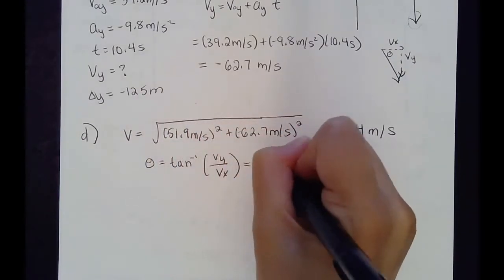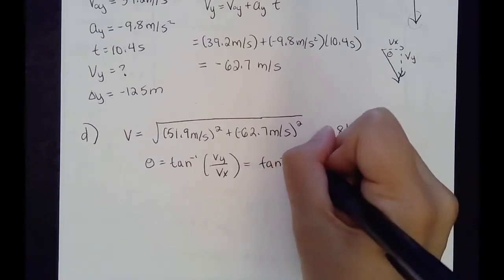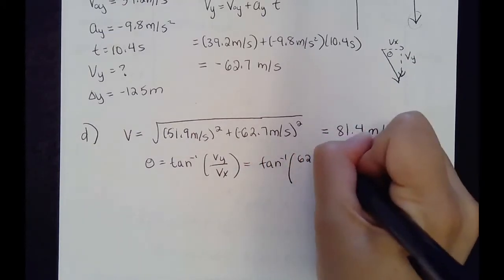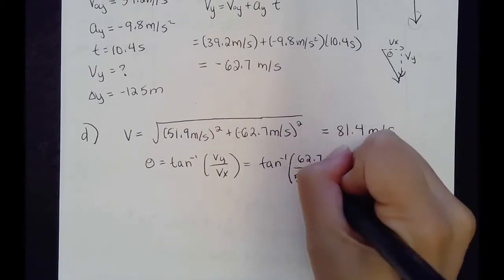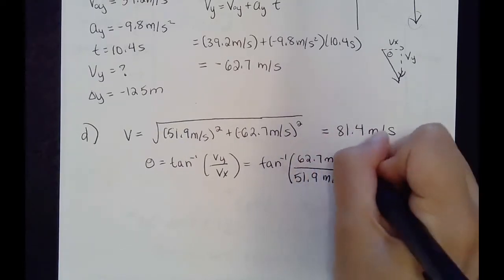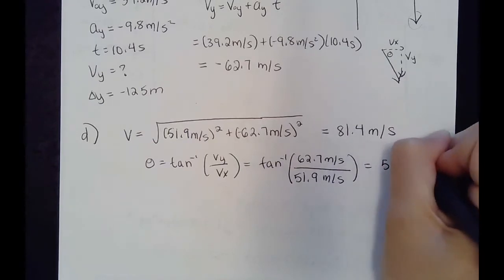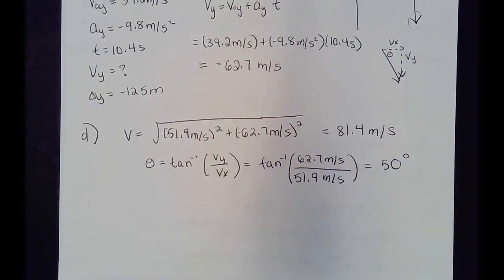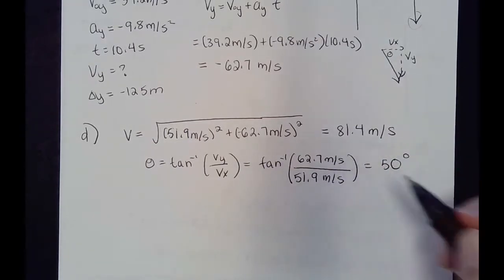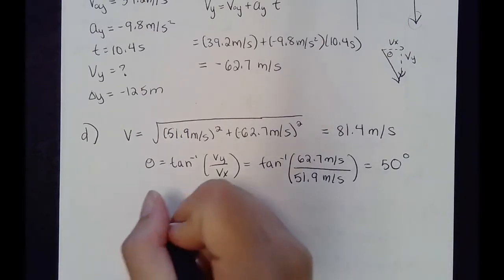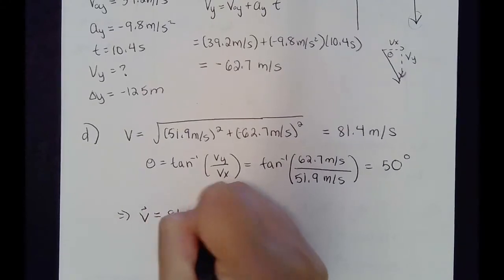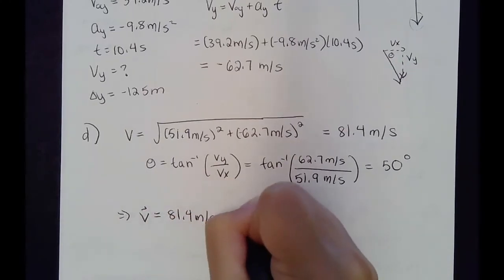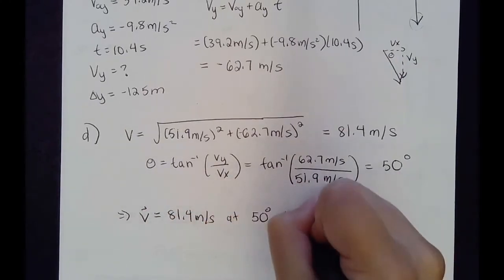So tan inverse, or arctan, of 62.7, again using the absolute value in the tan function, over 51.9, which is very close, 50 degrees, 50.4 maybe, depending how you round it here. So that means our velocity vector will be 81.4 meters per second at 50 degrees below the horizontal.